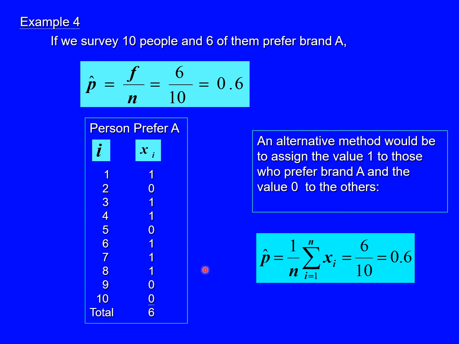So the other law gives us the same result, 6 over 10, which is 0.6. If you use this law, it's okay. If you use this law, it's okay also. But you can use this law only if the variable itself has only two values, 1 or 0.